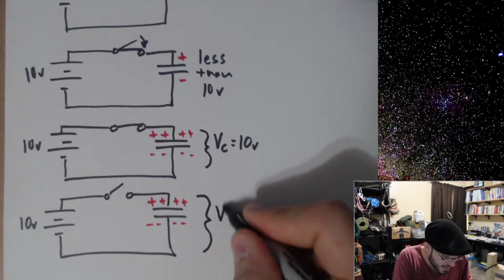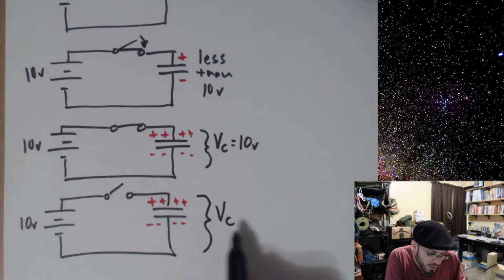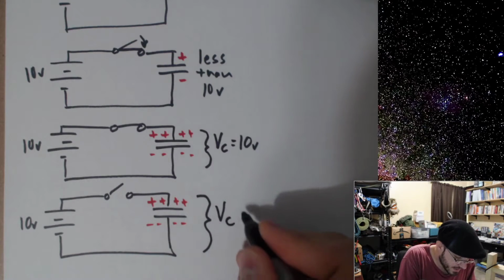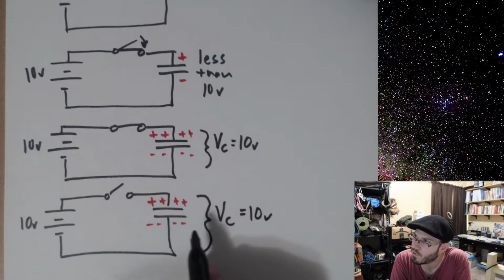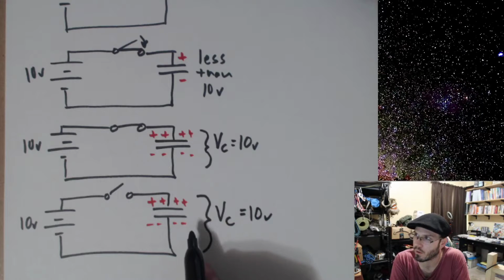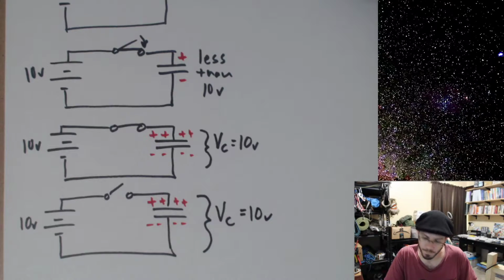In other words, V sub C, the voltage across the cap, is still going to be equal to 10 volts. We have nowhere for this charge to go. Okay?